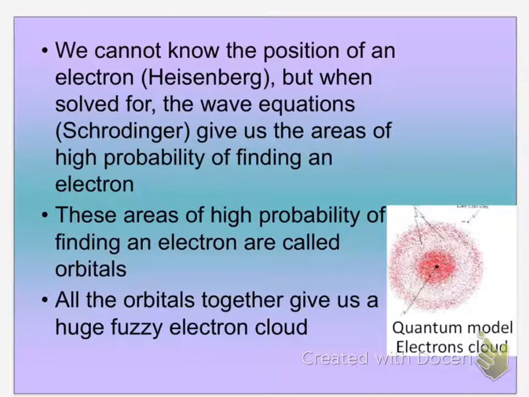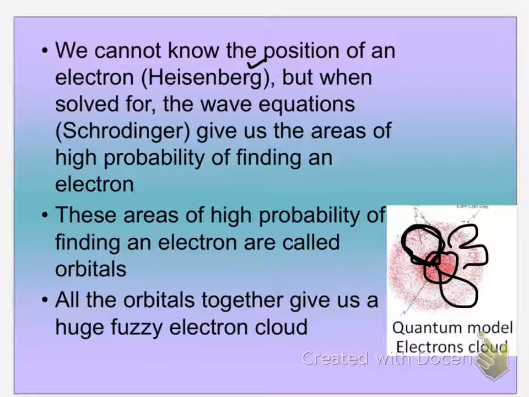Within that big, giant, fuzzy, cotton candy cloud, we can't know the exact position of an electron at any one point. That's courtesy of Werner Heisenberg. But when you solve for Schrödinger's wave equations, those wave equations give us three-dimensional areas where there is a very high probability of finding an electron. Those areas of high probability are called orbitals, and they have some pretty funky shapes, let me tell you.